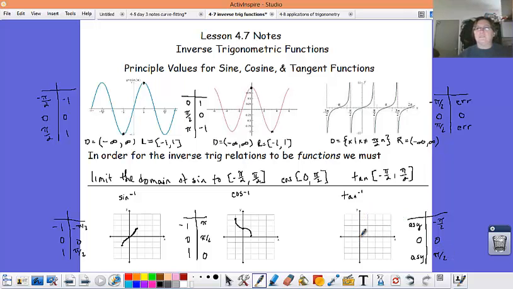Well, I know that this curve is going to go through here, and I also know that the domain on the inverse function is the same as the range on the input, right? The inverse's domain is the same as this. So it goes from negative to positive infinity. And folks, we've limited this curve, right? We've limited its domain.